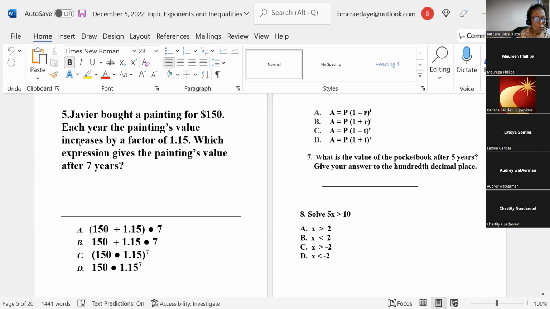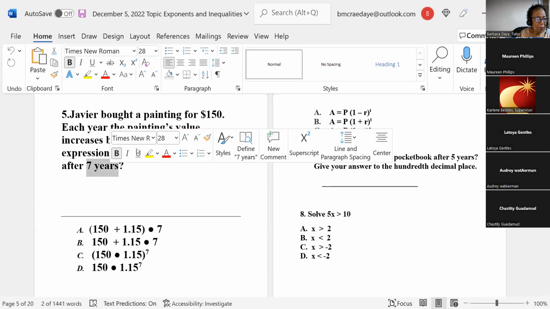So this is like you went up by 15%, but it gives you the factor already. So it's not giving you a percent. That means you multiply by that factor and raise that factor to a power, and that power is the time. And the time here is 7 years.